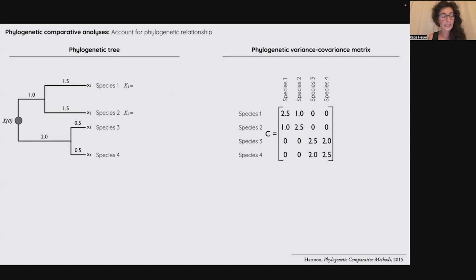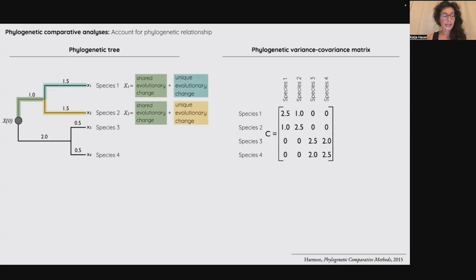So each tip value can be thought of as an ancestral value plus the sum of two evolutionary changes. One is the shared branch length between two species, and the other one is the unique branch length that's only unique for each tip species.